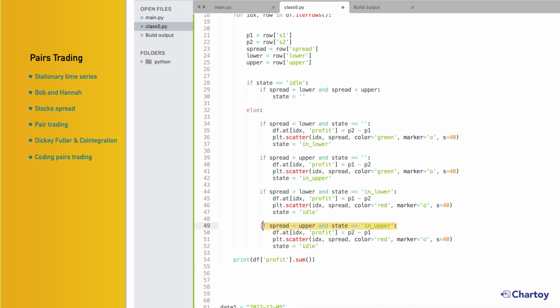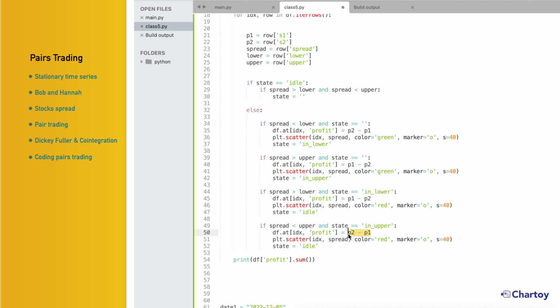And here we do the same, but on the other side. If we were in the upper band, which means we crossed the upper band, now we wait to get back under the upper band. If this happens, we are going to mark P2 minus P1. The reason is that we are going to sell P2 because we bought it before, right?